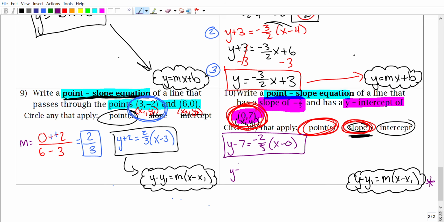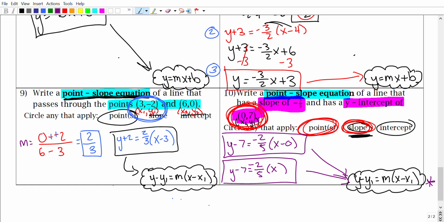However, you might also have this as an answer. You don't necessarily have to have that minus 0 there. It's okay to just leave the x. So both of these answers are acceptable. And those are both in this form, so we know we did it right.